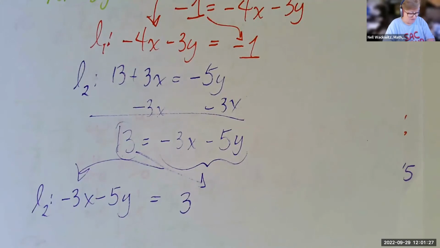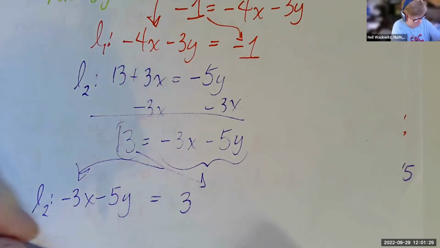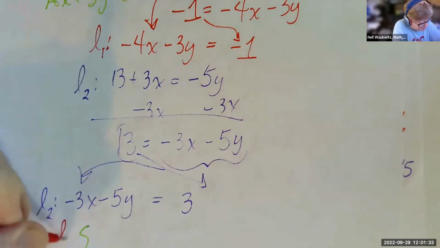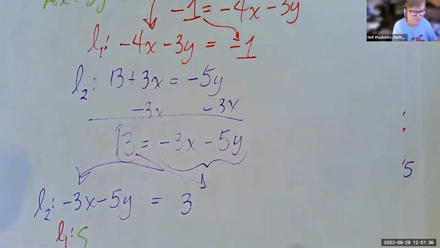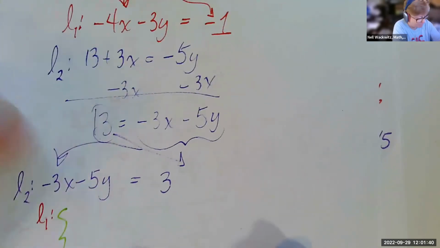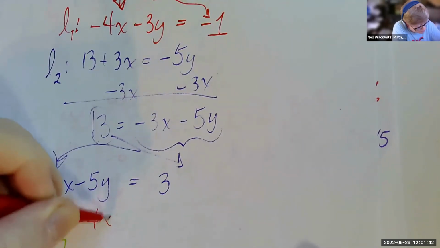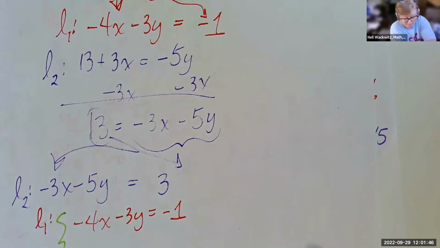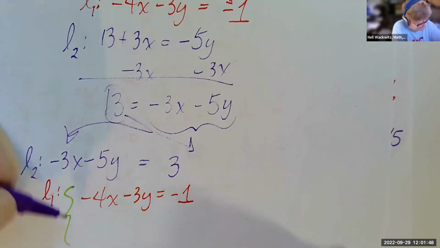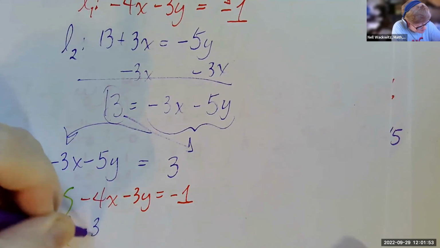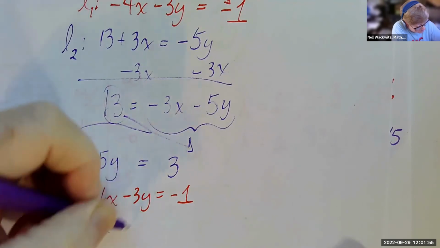So we've got negative 4x minus negative 1. Line 2: 3x is 5y.